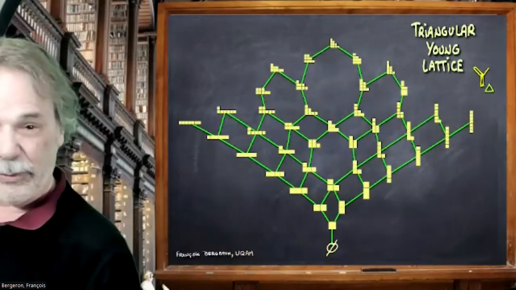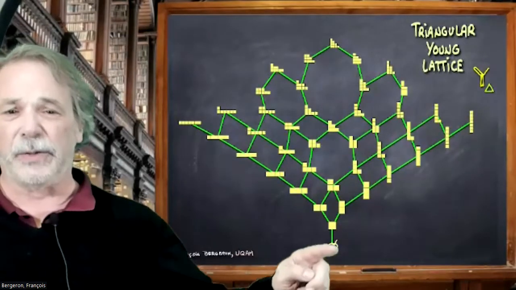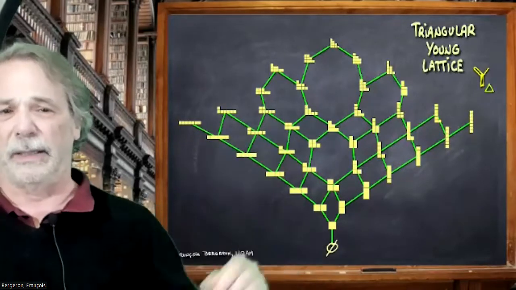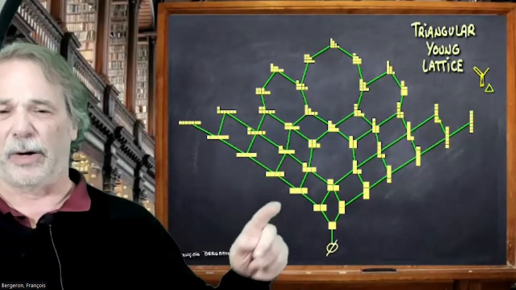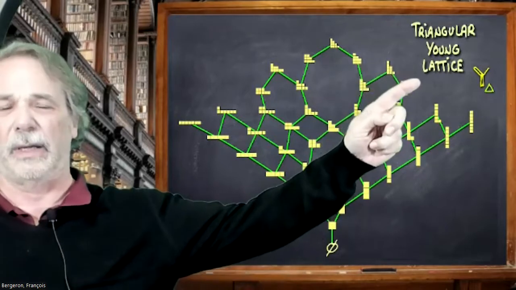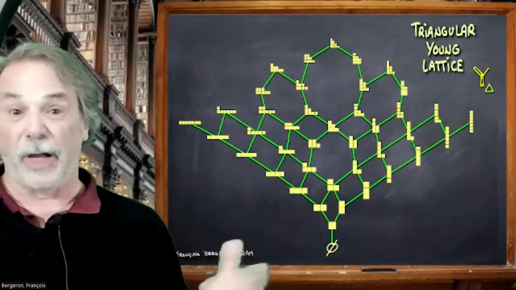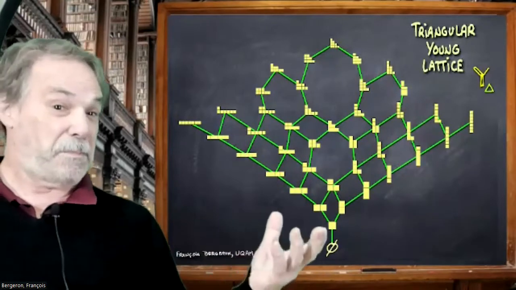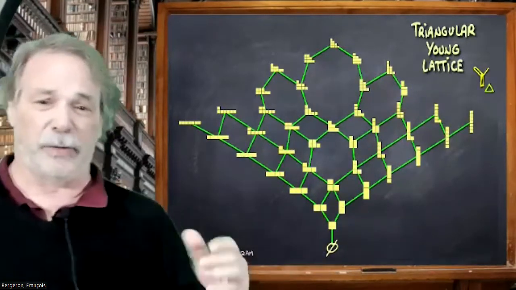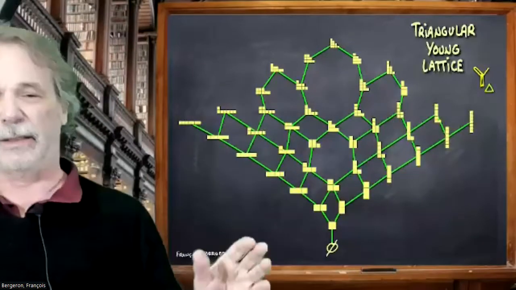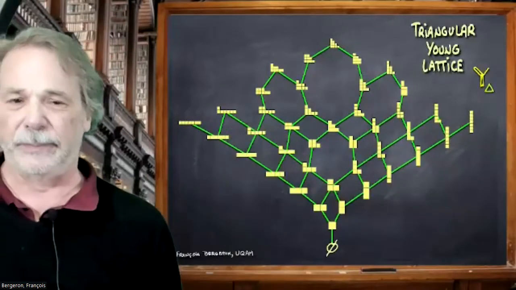And here you see all the small triangular partitions organized as usual in the Young lattice, so by containment. And there's a phenomenon that is very beautiful here. First, if you look at it, you see that it's planar.